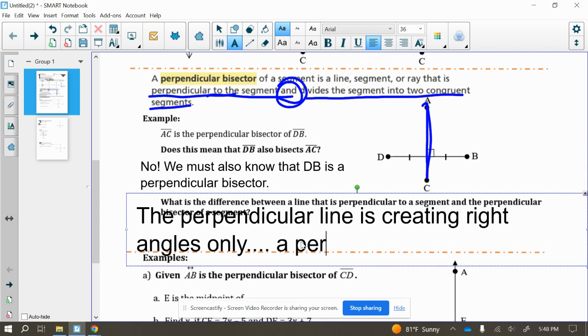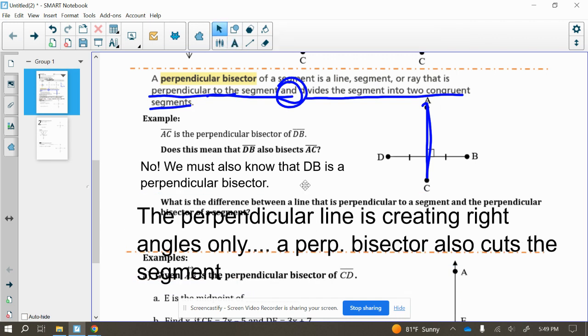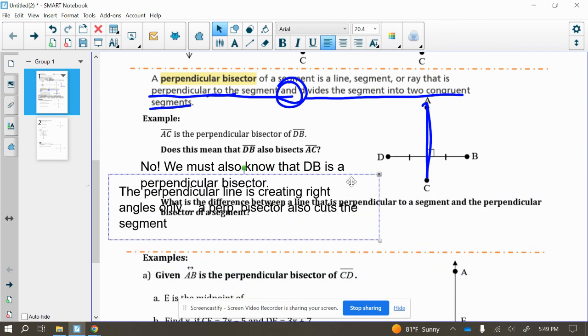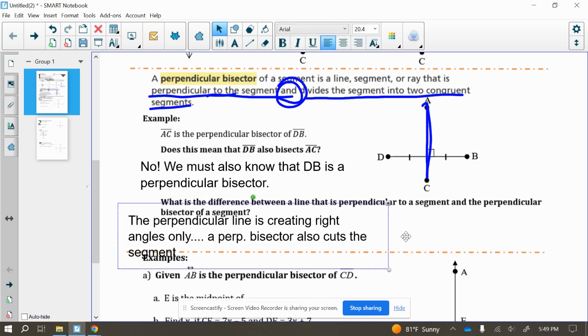A perpendicular bisector also cuts the segment. Okay, so again, there is a difference between just being perpendicular and then also being a bisector to a segment as well.